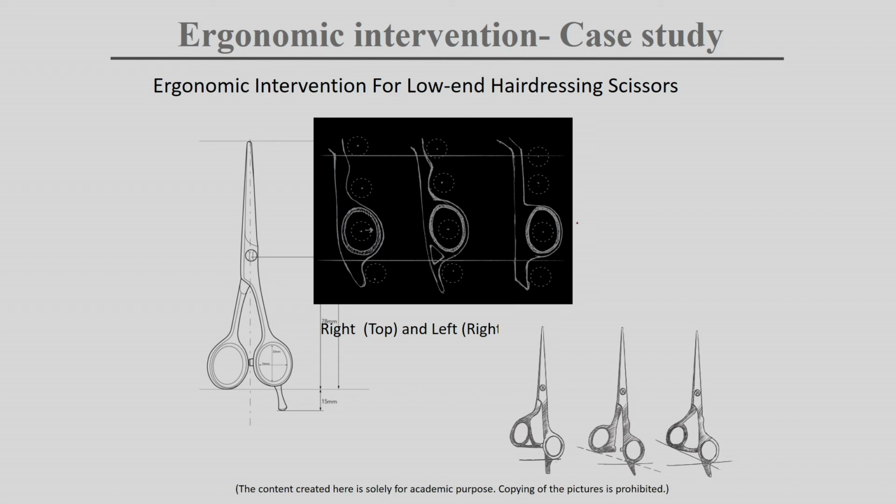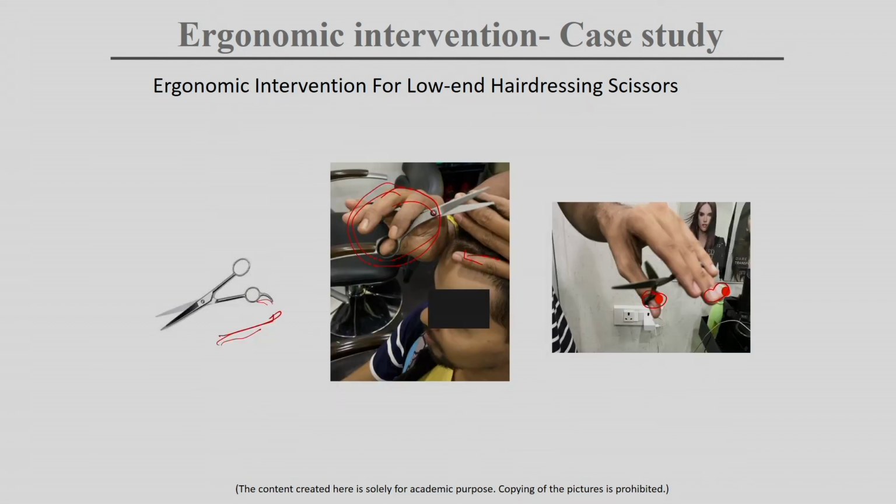If you see, the existing shear is here, and this is the right eye hole of that shear, which we have changed. Another very important point is where the person rests their hand.